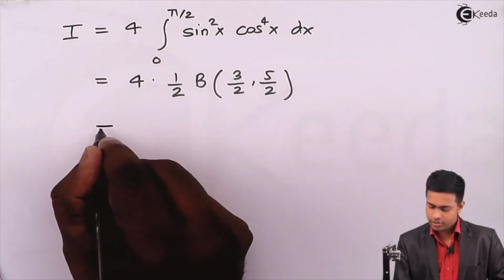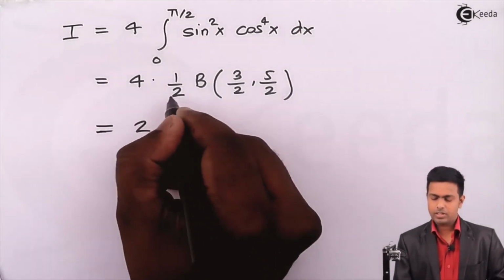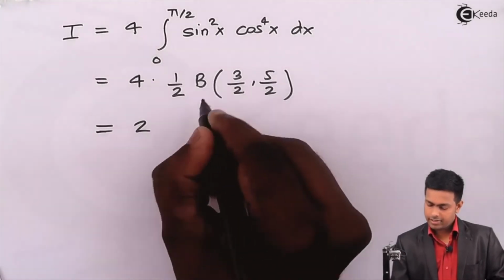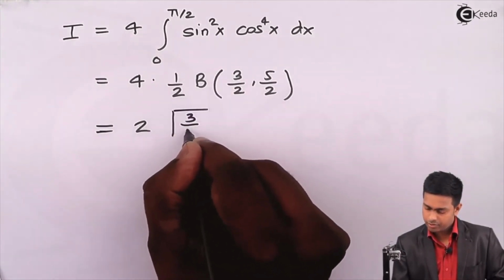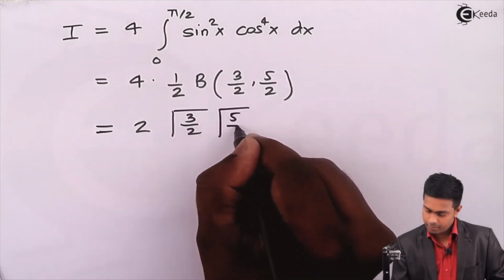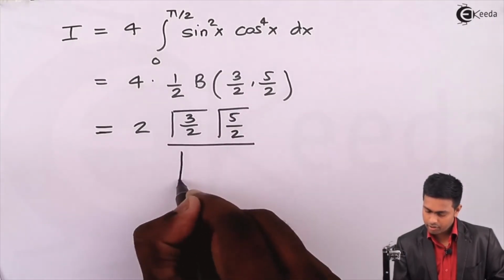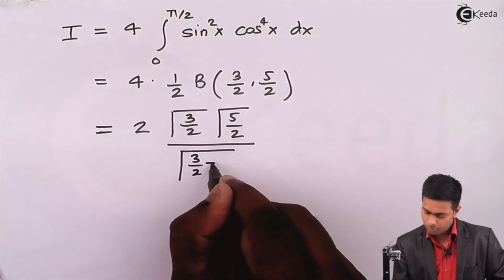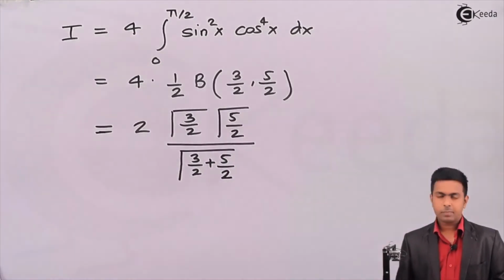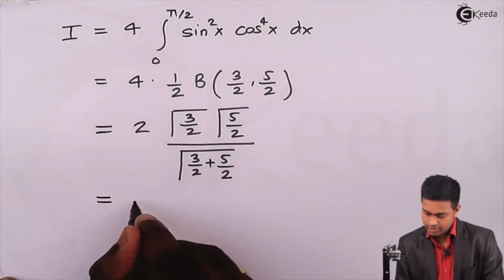So here we will get 2, 1s are 2 and 2 2s are 4. Next, this is gamma 3 by 2, gamma 5 upon 2 whole upon gamma 3 upon 2 plus 5 upon 2. Now guys, let's solve this.